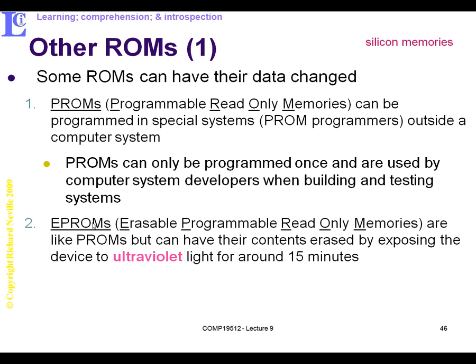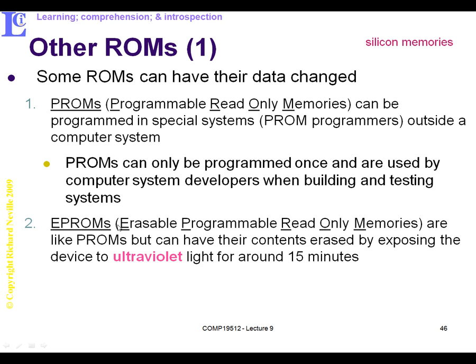But while you're building and testing the system, you use EPROMs, erasable programmable read-only memories. And these can be programmed and reprogrammed a number of times. The way they're reprogrammed and set to normally a particular value is you expose them to ultraviolet light for about 15 minutes, and then you can reprogram again once they've been irradiated with ultraviolet light.